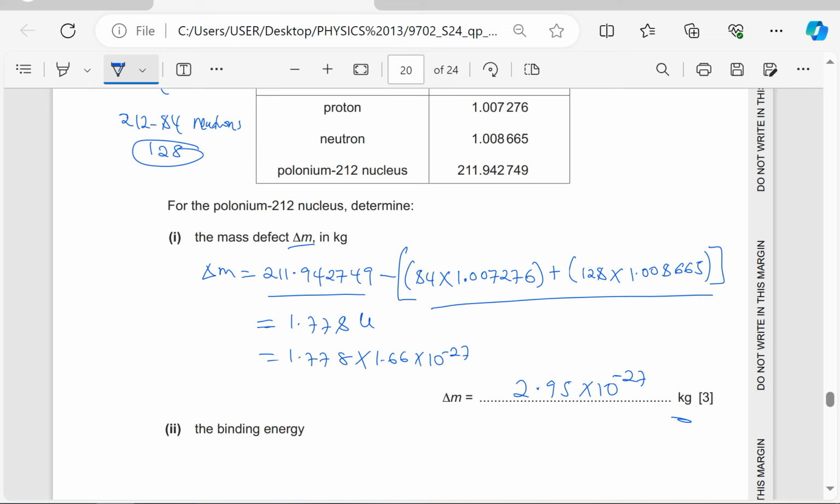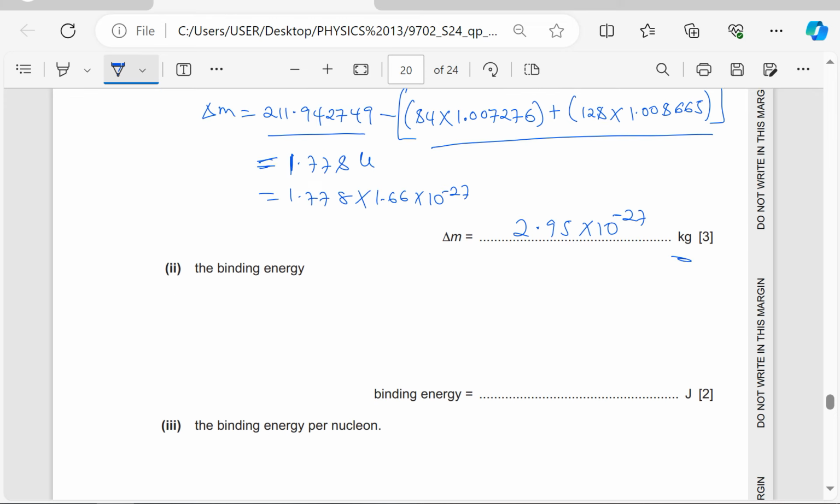Remember I said you might have got a negative here, but you just want a difference in mass. So you can find total mass of the nucleons minus mass of the nucleus, or mass of the nucleus minus total mass of the nucleons. Then the binding energy, of course, energy is equal to the mass defect times c squared.